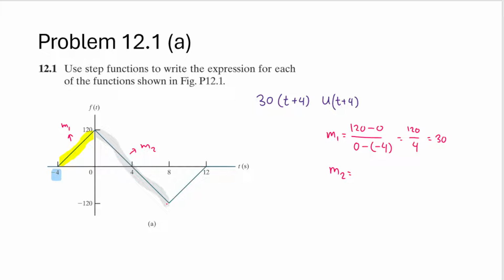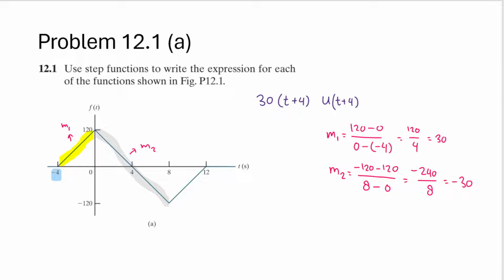It is the y here, minus 120, minus the y point here, which is 120, divided by the x point here, which is 8, minus the x point here, which is 0. What can we get here? We will have minus 240 divided by 8. What is the slope here? I think that will be minus 30.